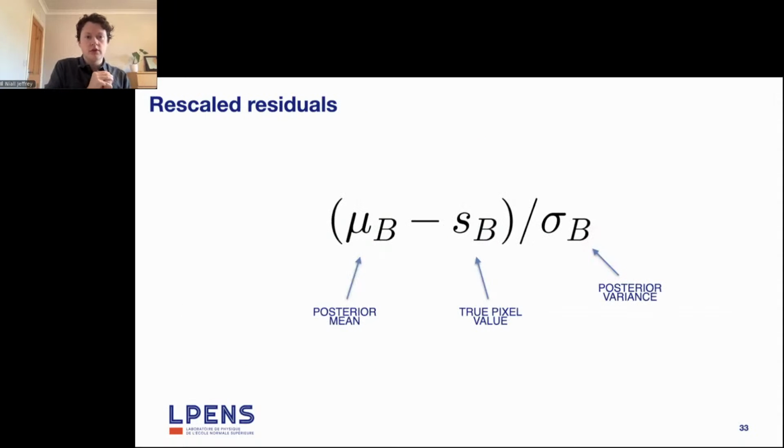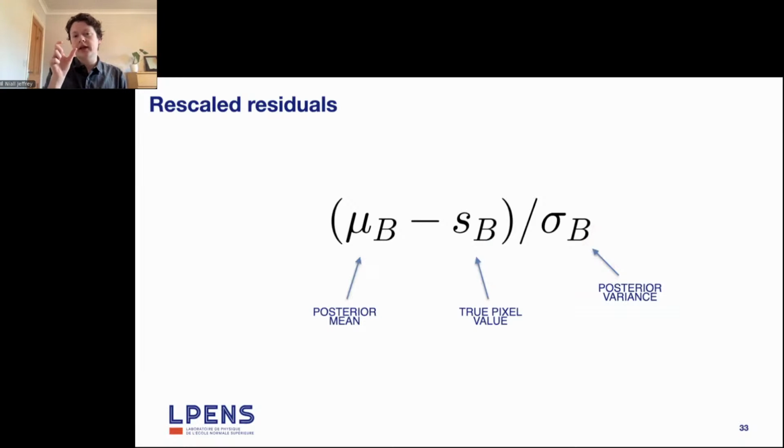So this is the test we do. We take the rescaled residuals. For every pixel in our image, we take the mean posterior value of that pixel and subtract the true pixel value. Again, this is happening on the validation data, not on the synthesized data. So this is also going to be a test of not just the moment network, but also how well our synthesis is recreating the foregrounds realistically. We take our posterior mean, subtract the true pixel values, and then rescale by the posterior variance coming out of our moment network.